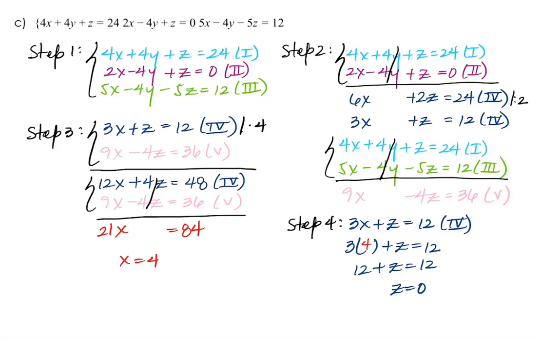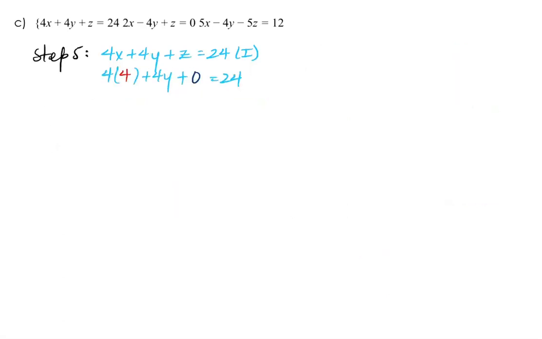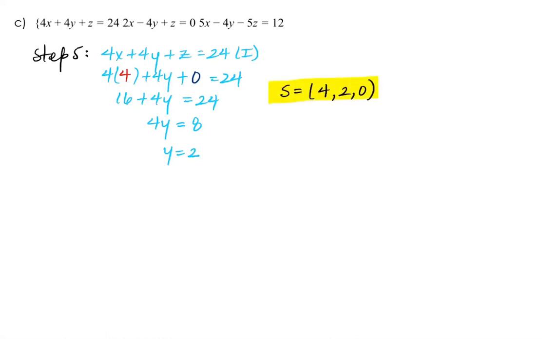Now for our last step, we're going to substitute x equals 4 and z equals 0 into equation number 1, and then solve for y. 4 times 4 is 16, plus 4y equals 24. We have that 4y equals 8, then y equals 2. This will give us the final answer to this question: (4, 2, 0).